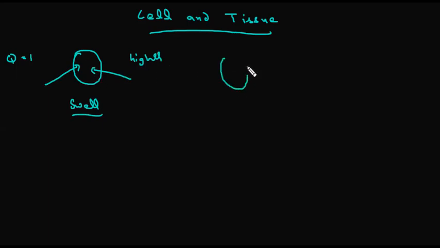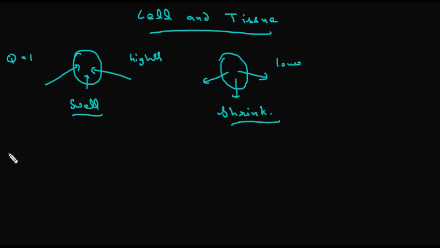But suppose the cell has the higher concentration inside and outside is lower, then the content is moving outside and you will call it exosmosis. That exosmosis results in shrinking of the cell, and you can say it is a plasmolyzed cell.